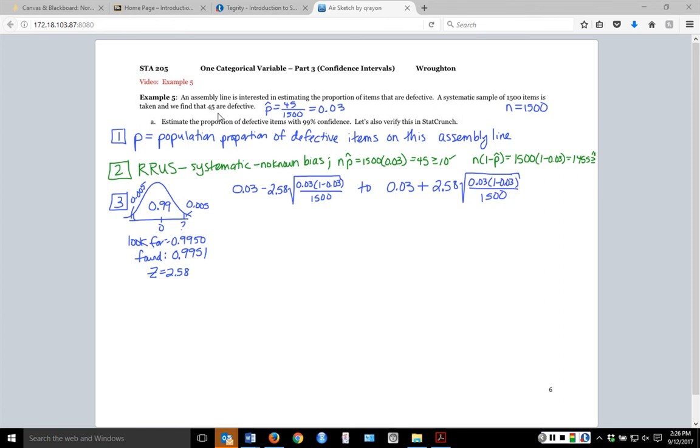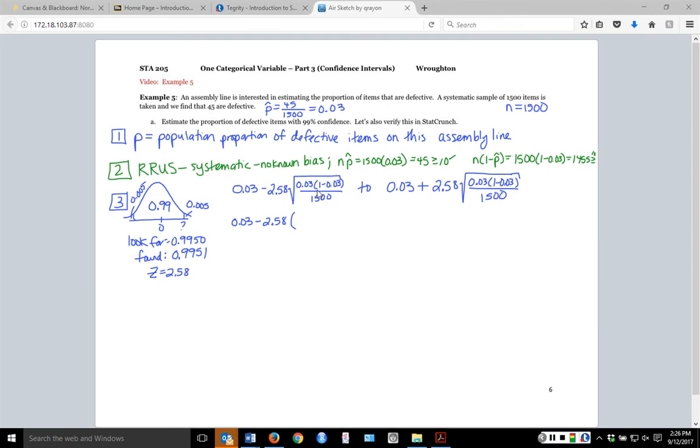And then again, like on a test or a quiz, you just need to show me the starting formula and then the numbers that you get. But the more work you show in between will allow me to know if a number does go wrong, possibly where it went wrong. So the first thing I want to do is actually do my square root part. So I'm going to keep that 0.03 and that 2.58.